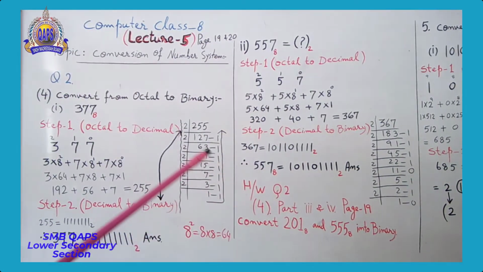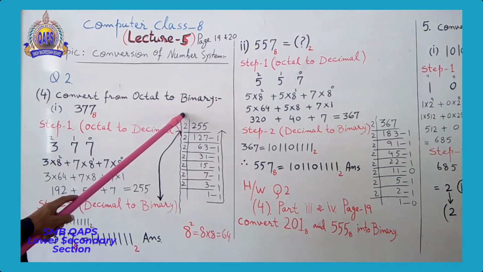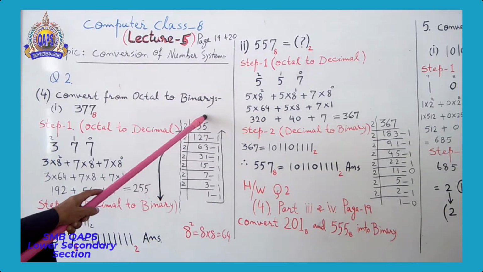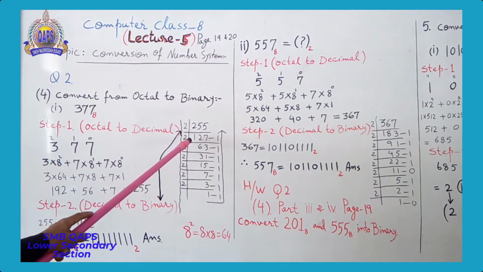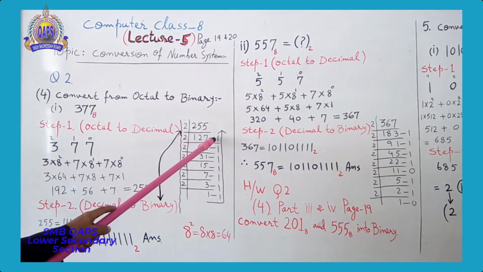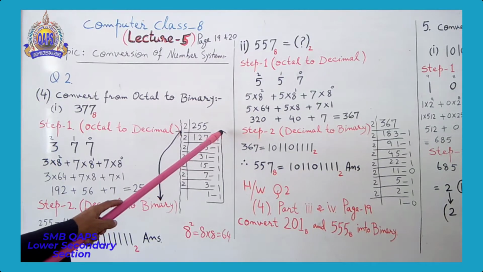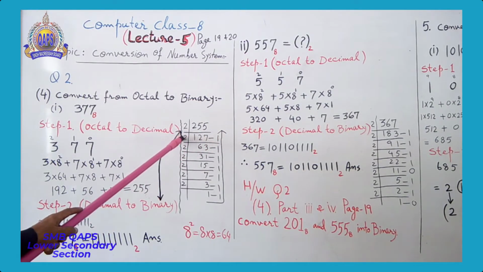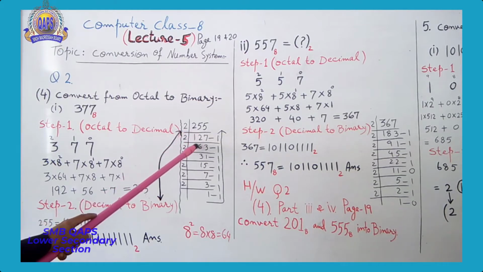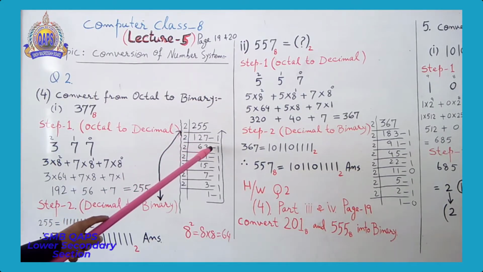Look at the board now. 255 divided by 2. Answer 127. Left 1. 127 divided by 2. Answer 63.